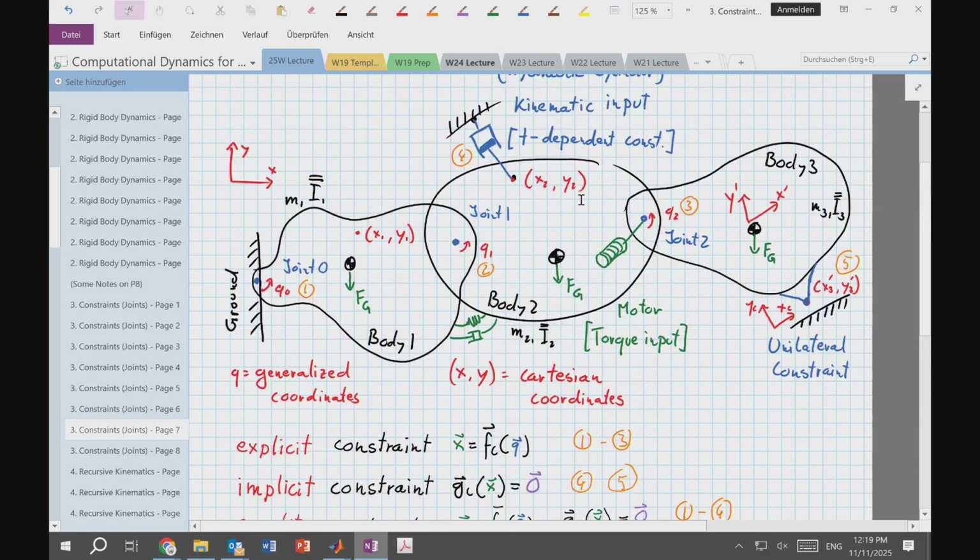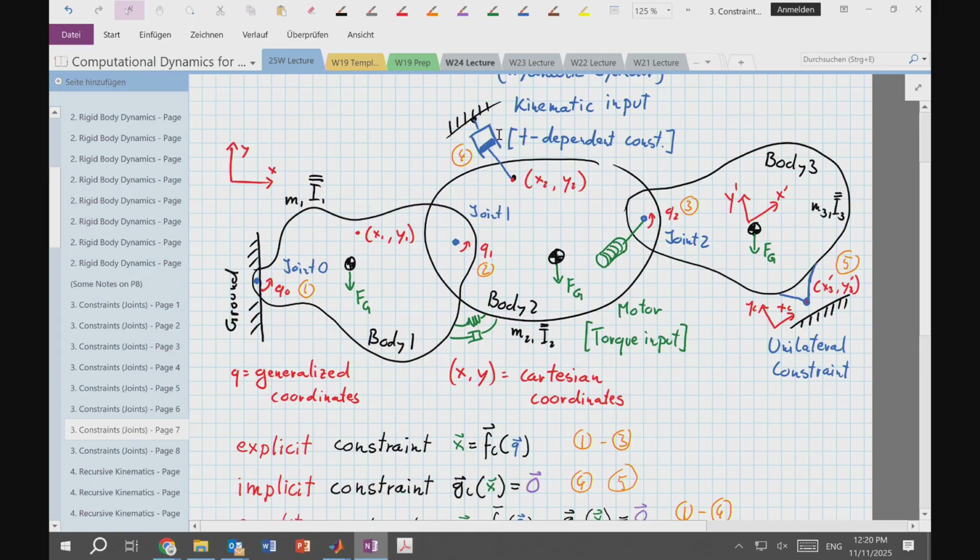We said we will likely do this as an implicit constraint, where we say the distance from here to here, if I set this to 0, 0, then the distance would be x2 squared plus y2 squared. So that distance depends on the x. Somehow it is time dependent. There's this idea that I have here a kinematic input. I have a hydraulic cylinder that doesn't create a force, but really creates a displacement, and that displacement is time dependent, changes over time.